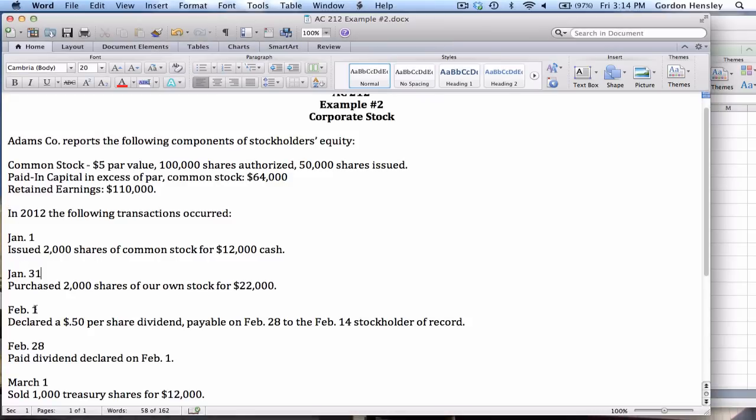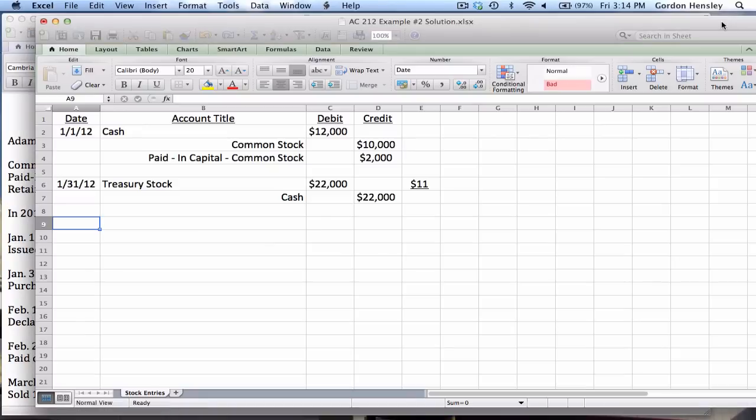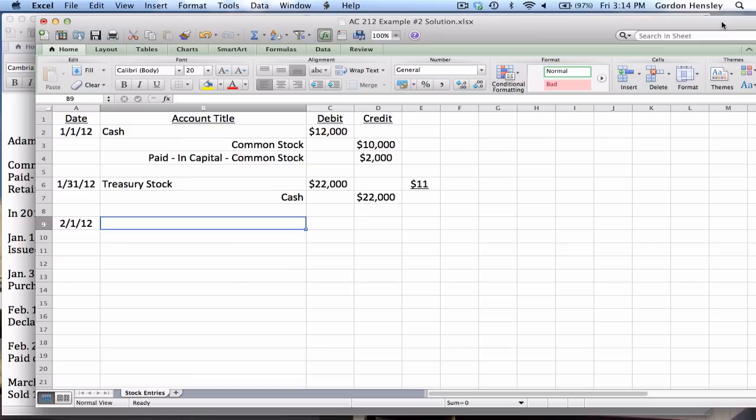Now, the next transaction is on February 1st. Declared a 50-cent per share dividend. It will be payable on February 28th to the February 14th stockholders of record. So this is on February the 1st. Now, anytime we declare a dividend, it's a pretty standard journal entry in terms of the journal entry titles.